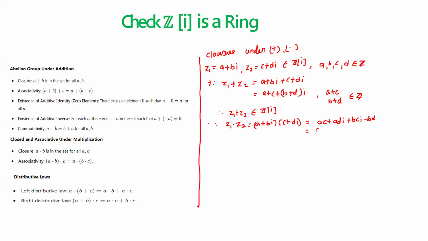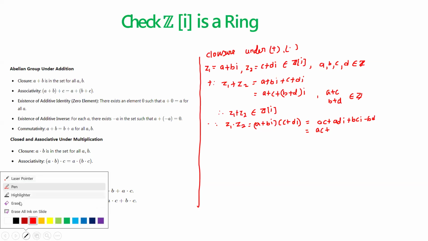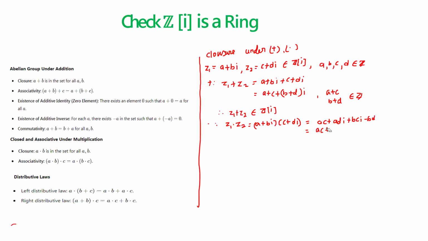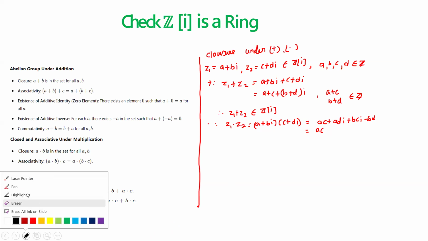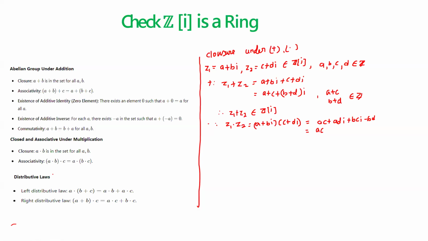Now we rewrite this as (ac minus bd) plus (ad plus bc)i.